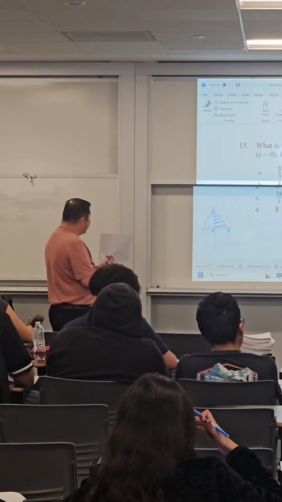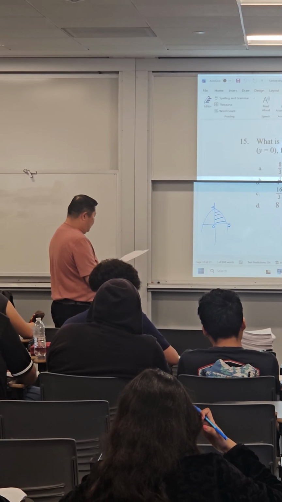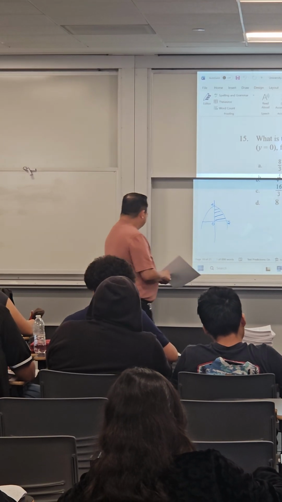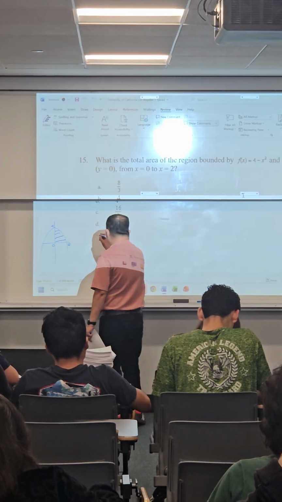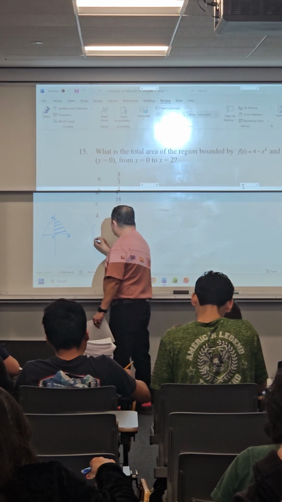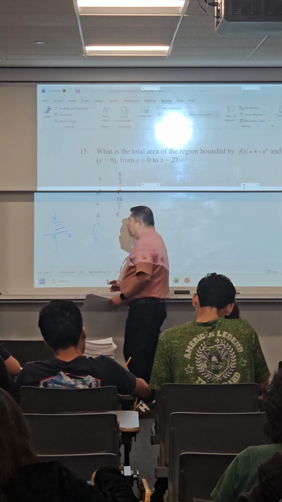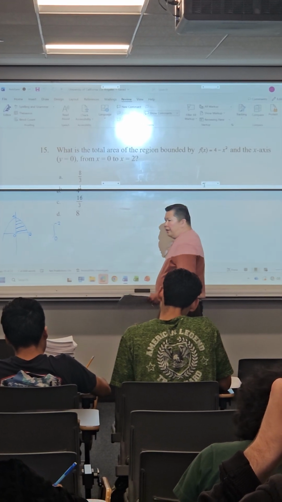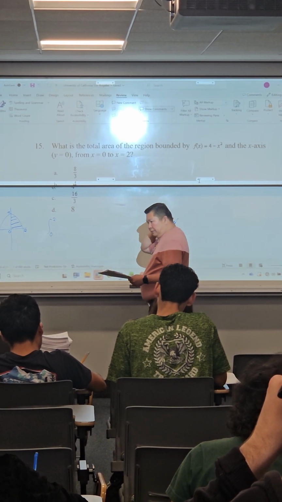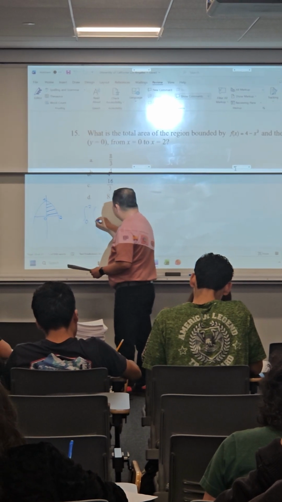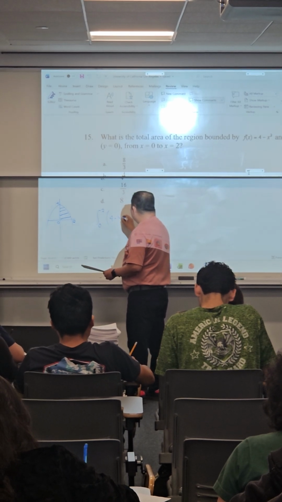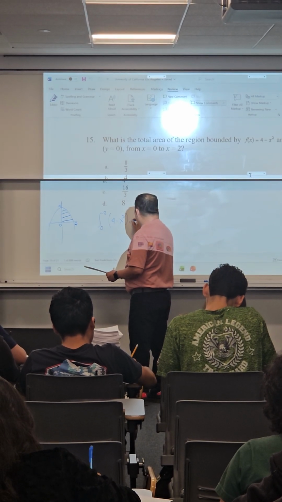So it says total area. So we have the integral from 0 to 2. And area, what's the area, guys? 4 minus x squared, and then dx.